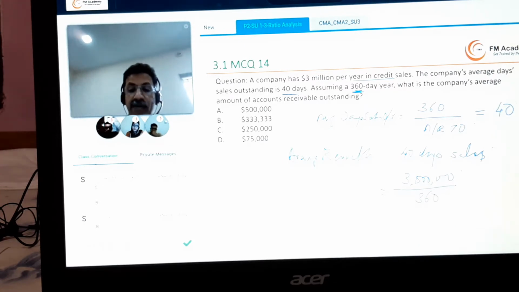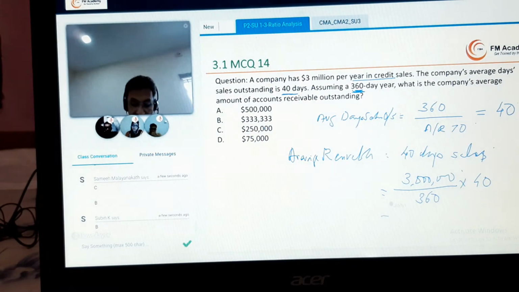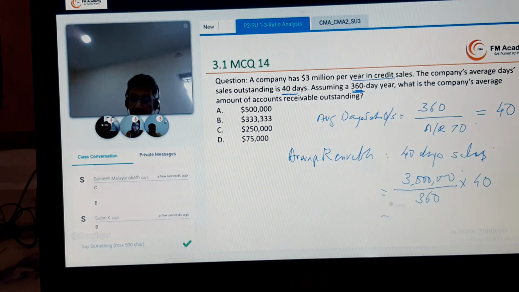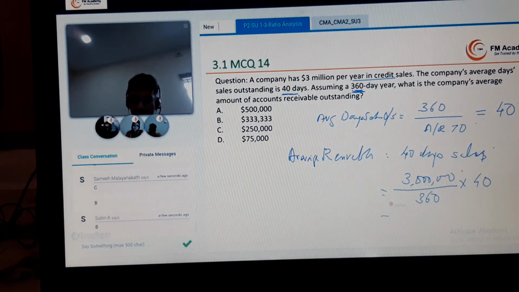So for per day, how much is the sales? Into 40 would be the average receivable. How much will it be? Take that 3 million, 3000 divided by 360, that is 8.333, into 40, it is 333,333. So B is the right answer.